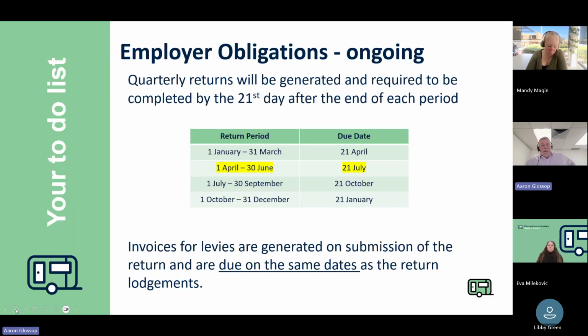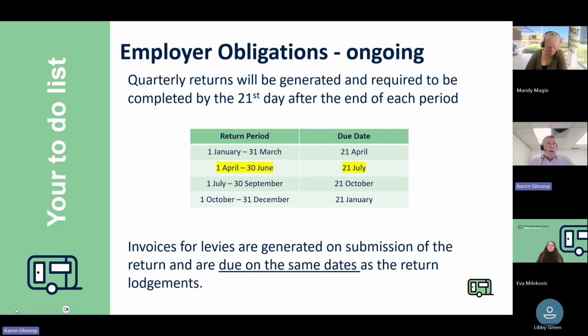So once you're set up, you're registered, and the employer and the eligible workers are uploaded, the main task for the employers is to complete a quarterly return. These returns are pretty straightforward. They're generated automatically on the employer portal, and as you can see on the slide, they're due on the 21st day after the end of each quarter.